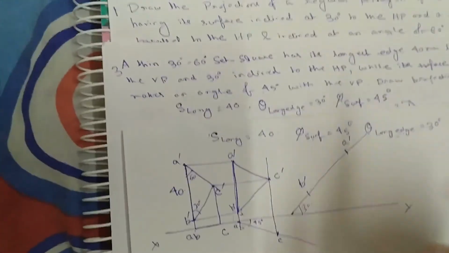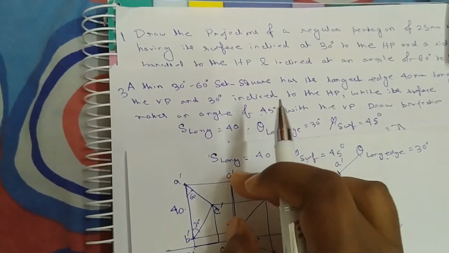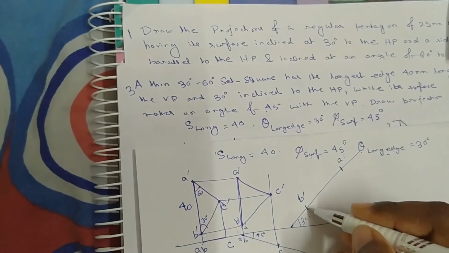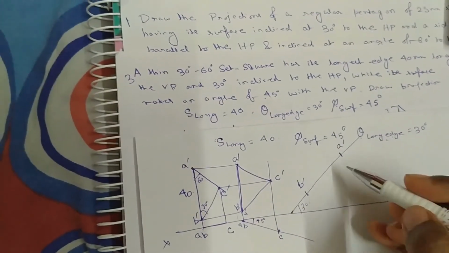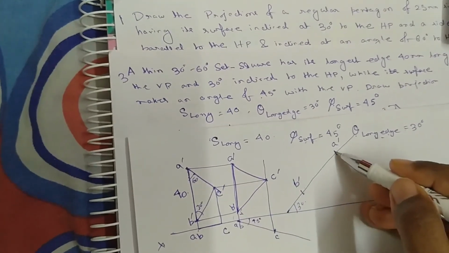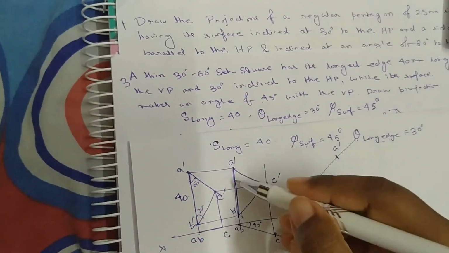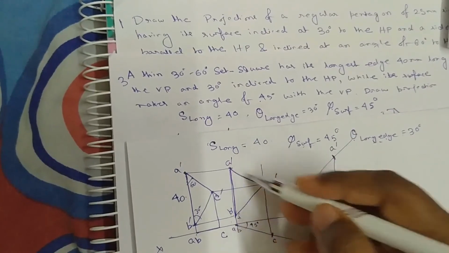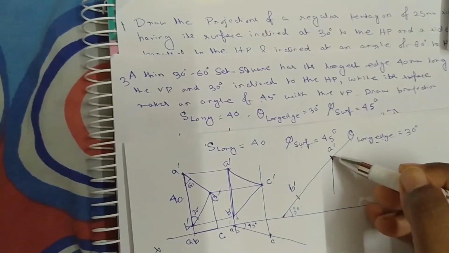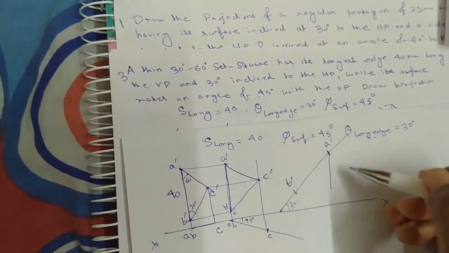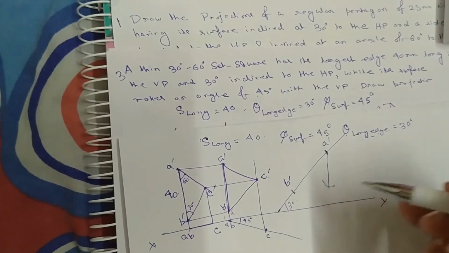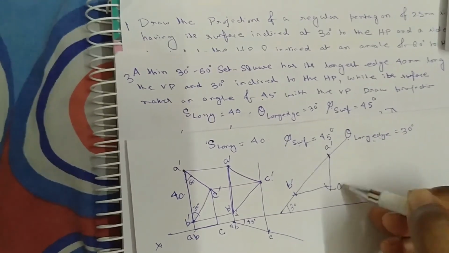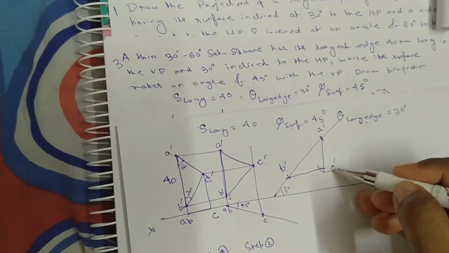How you are going to do it: you will take your divider and cut this portion over here and place it over here. After that, you will take a compass and make an arc from A dash with length A dash C dash and cut here, and from B dash with length B dash C dash and cut here, and you will get your C dash point.